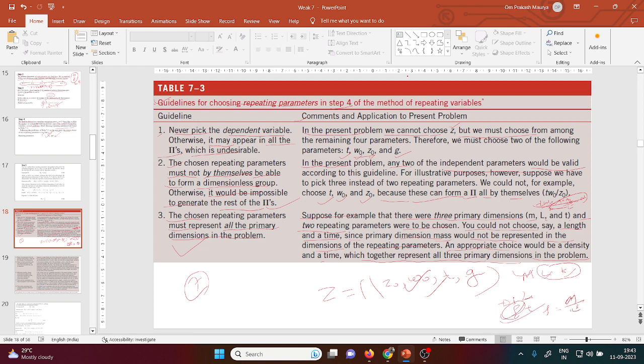So when you choose, you first think in the given problem whether mass, length and time are all there, and then choose based on that. If three repeating parameters are required, you can choose mass, length and time. If two are required, you go for another option, let's say density.